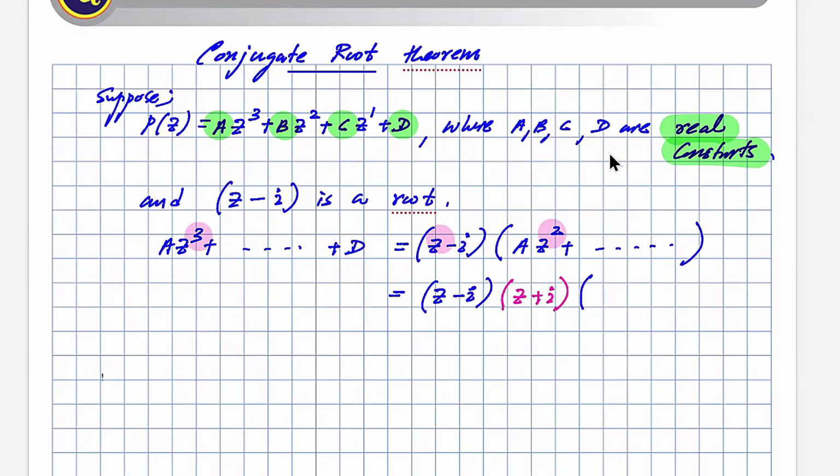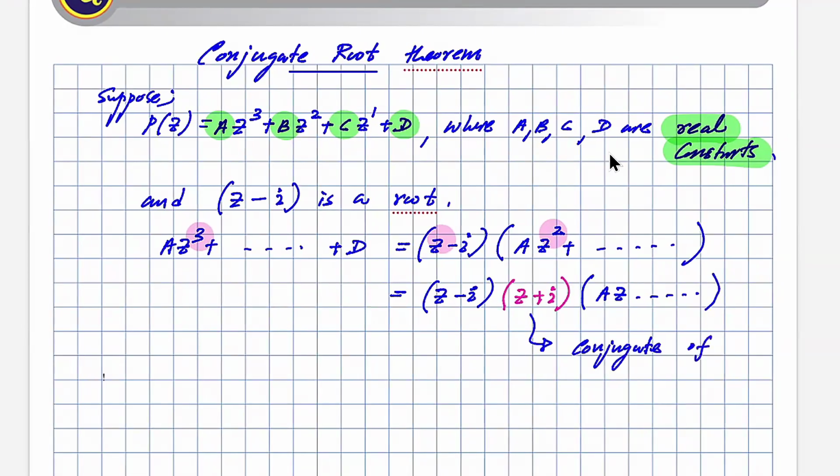The conjugate of this one is going to be a root as well, right? So the conjugate of z minus i is a factor. That's what the question says.